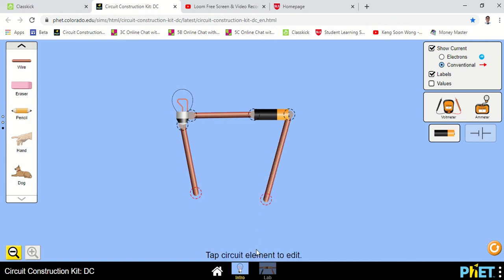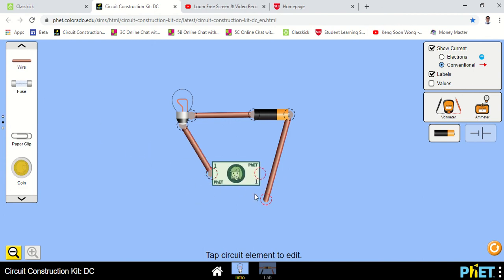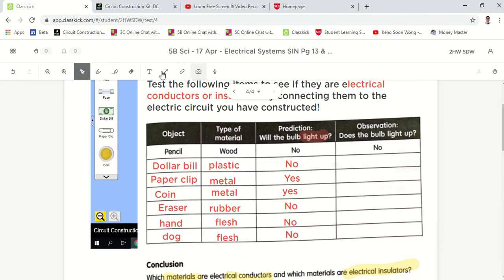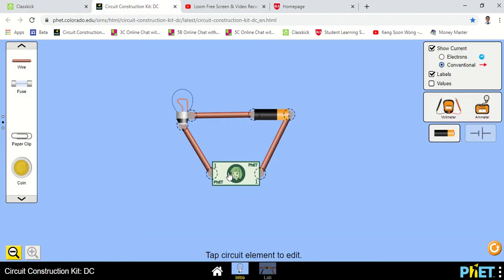Okay, now we move on to the next one, which is the dollar bill. So let's get the dollar bill out. Okay, let's connect and connect. The bulb lights up? No. So dollar bill, plastic, electrical insulator, does not allow electricity to pass through. Light bulb does not light up. Okay, so this is no. Okay, paperclip, let's try.